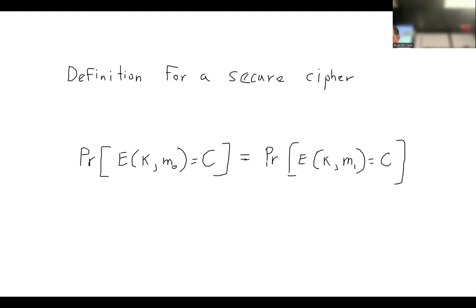All right, so hopefully that makes sense. So you have no idea, given C, whether it's M0 or M1, it could be either one. And that's basically the definition of a secure cipher. Raise your hand if you have any questions, but otherwise we'll move on to the next concept.